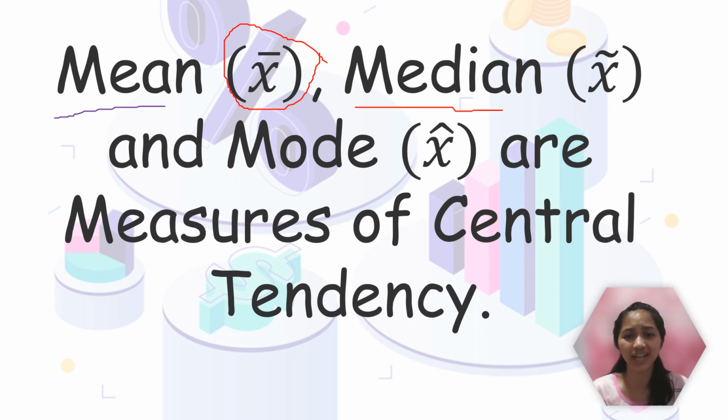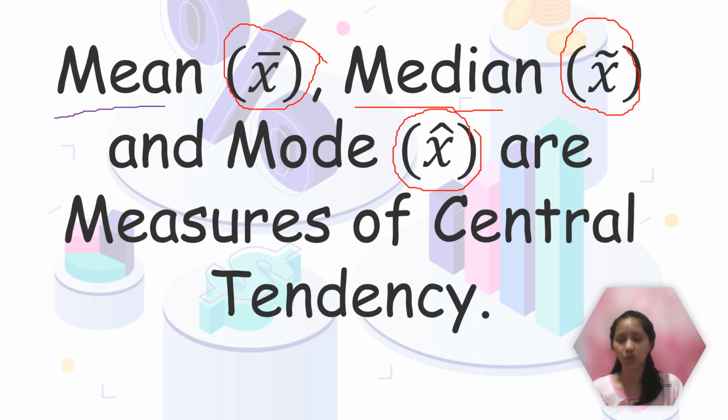Halip na median, etong symbol na to ang gagamitin natin. For mode, syempre, eto. So, for mean, we have X bar. For median, we have X tilde. For mode, we have X caret. So, those are the measures of central tendency.